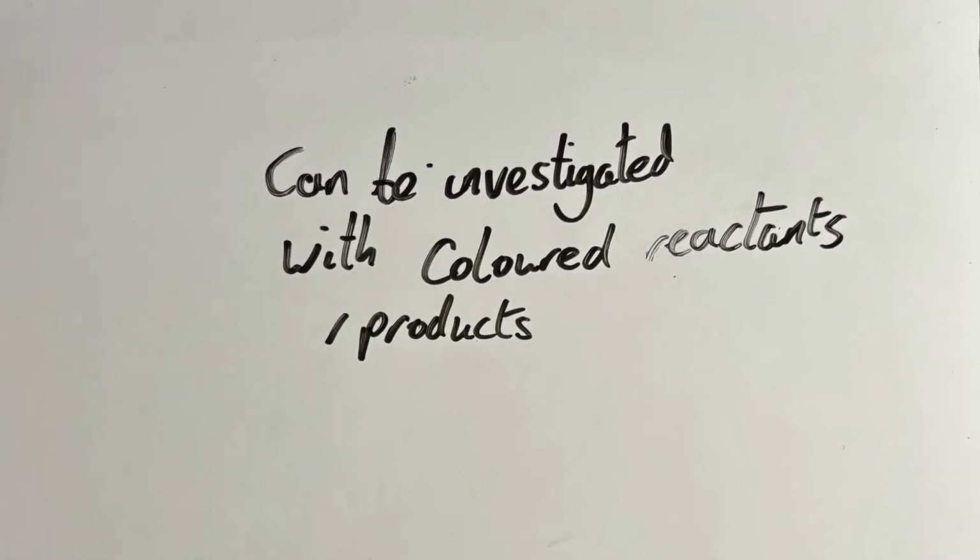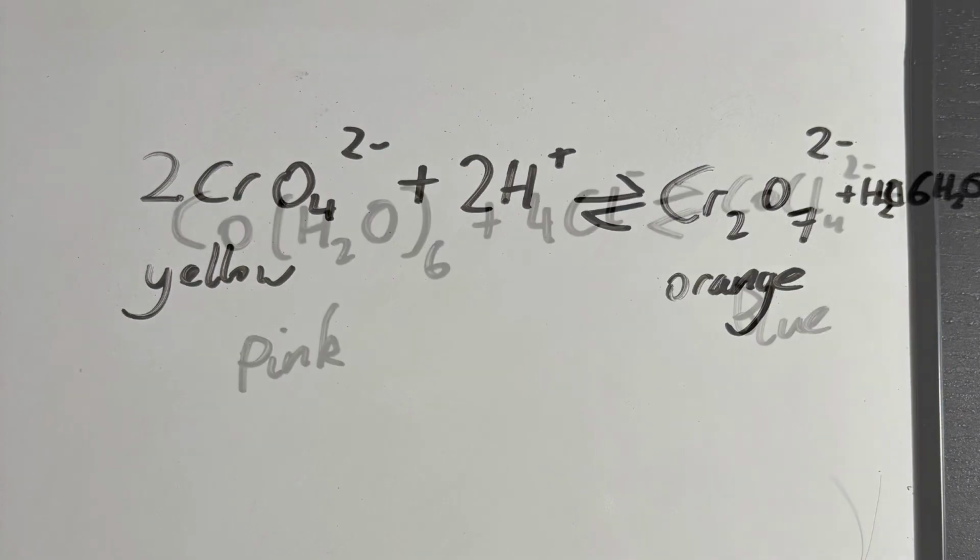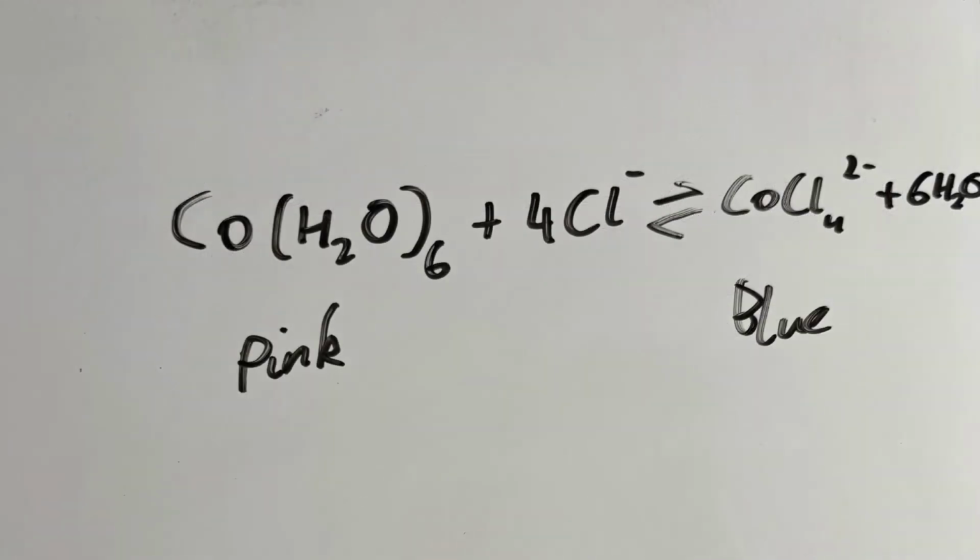And this concept can be investigated with colored reactants or products. In this example here, at equilibrium it would be somewhere between yellow and orange, and if it had shifted right, then it would be more orange than yellow, and likewise if it had shifted left, it would be more yellow than orange. And this one's a slightly better example because pink and blue are easier to distinguish than yellow and orange.